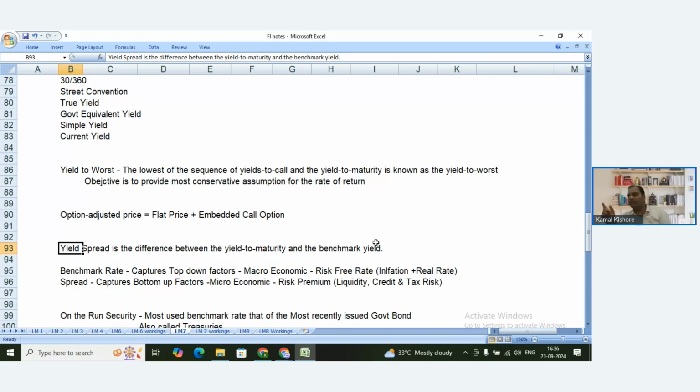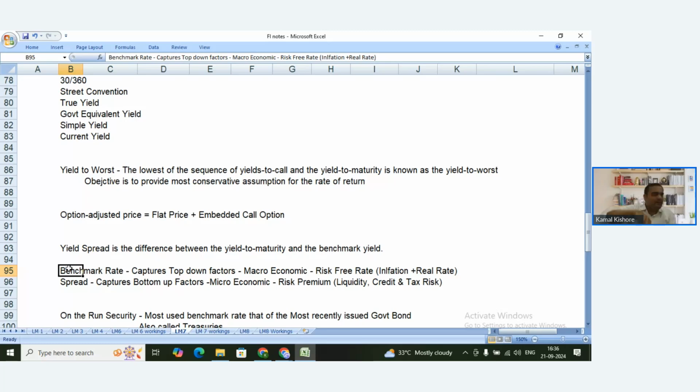Your rate is made up of the general interest rate: real rate plus inflation. So the benchmark rate captures the macroeconomic factors. A little bit of economics, I think you would have seen this. The benchmark rate, the base rate, captures macroeconomic factors: risk-free rate plus your inflation plus your real rate.